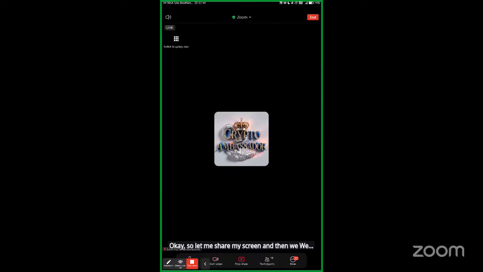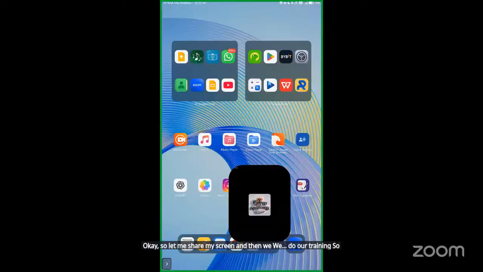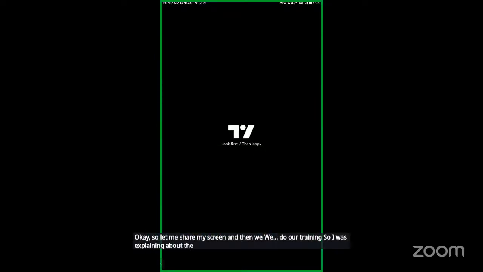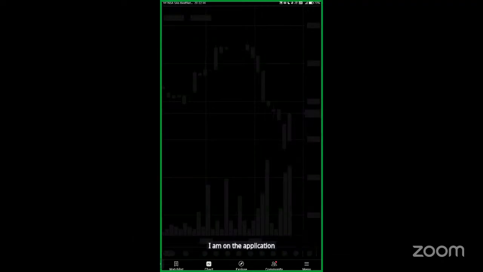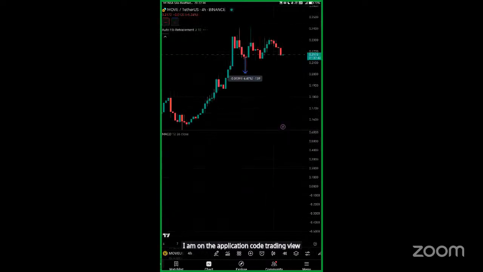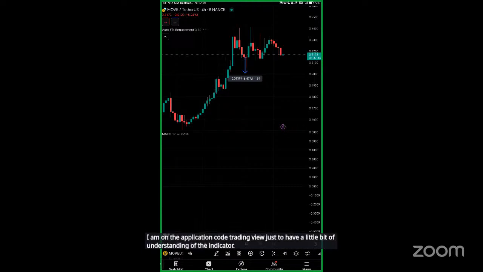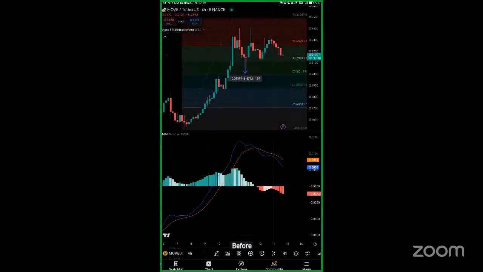Okay, so I was explaining about the MACD indicator. I am on the application called TradingView just to have a little bit of understanding of the indicator before we make use of it in RoyalQ so that we are able to take some trades with it.